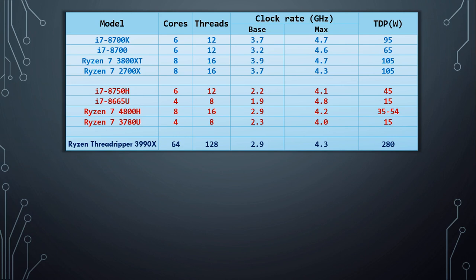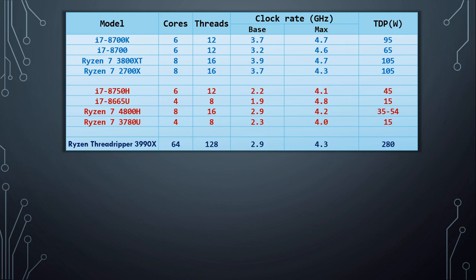These two have the same TDP, and they are the same performance-wise; they will give the same speed, because you can see they have the same number of cores, that is 4, and the same number of threads, that is 8. But here you can see the maximum clock rate for the Intel processor is a bit higher, 4.8, but in the case of AMD it is 4.0.